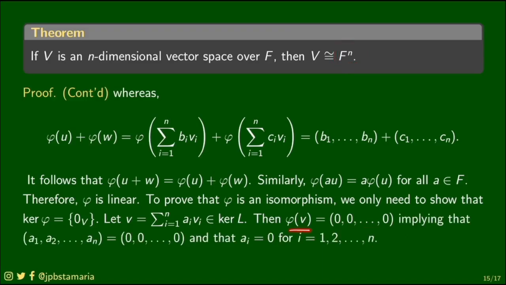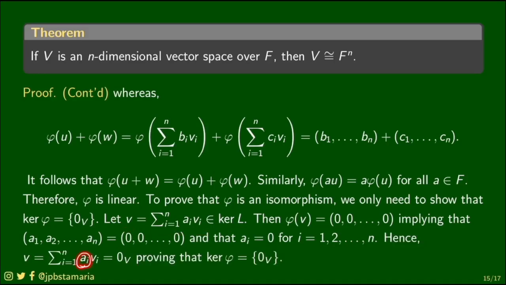Phi of v, on the other hand, collects the scalars here and places them in a tuple like that, and because this is equal to 0, each of the a_i's turned out to be just zeros. Therefore, v, being in the kernel, is actually the zero vector, since each of these a_i's is 0.